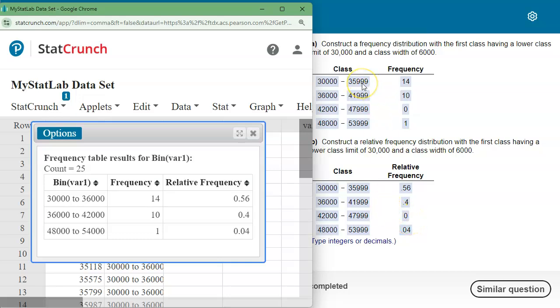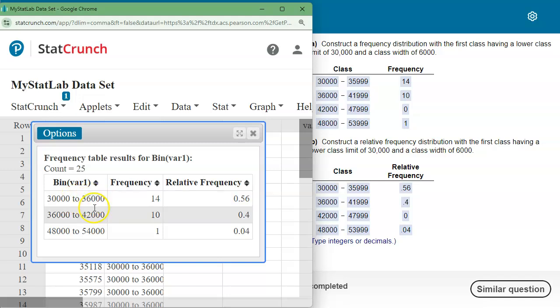Also notice that the class width is not the same here as what we have inside of StatCrunch, but the reason why is I don't want to overlap these two bins. If I say that this first bin is going from 30,000 to 36,000, and I'm not very clear, then what do I do with a data value of 36,000?